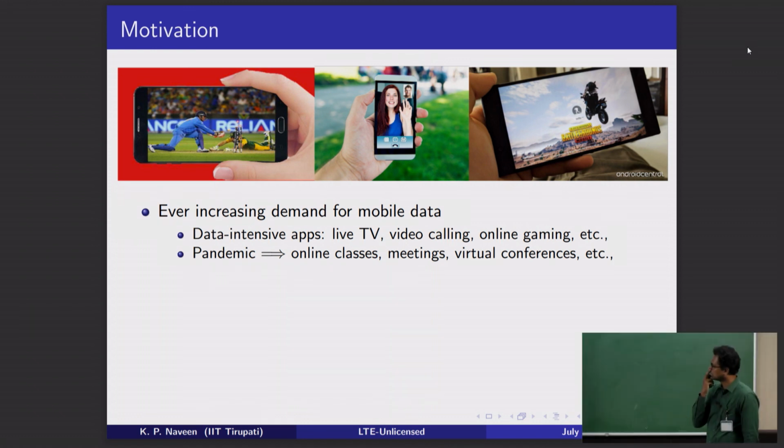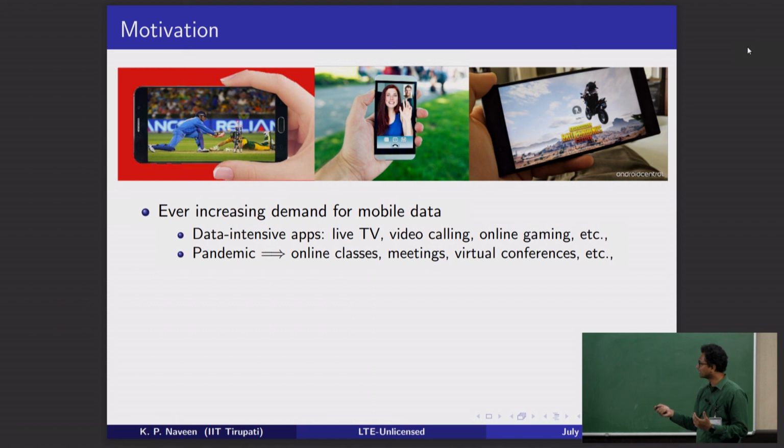Let me just set up the context. The motivation for this work is that the demand for mobile data is continuously increasing, because we have all these video applications. These days calls are never over audio; we always want video chat and so on.